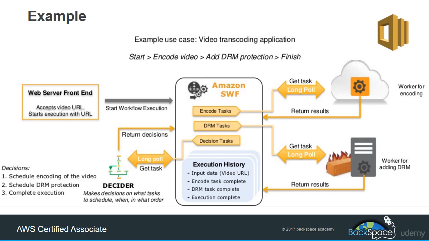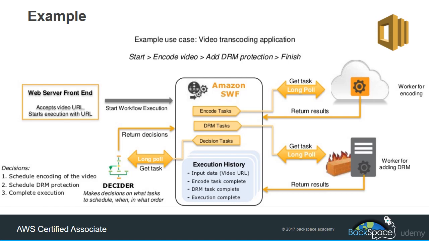When that task is finished, it will return the results, and those results will be looked at by the decider actor, and then the decider will communicate back to the SWF service. From there, if everything is okay, it will go on to the next task, being the DRM task.